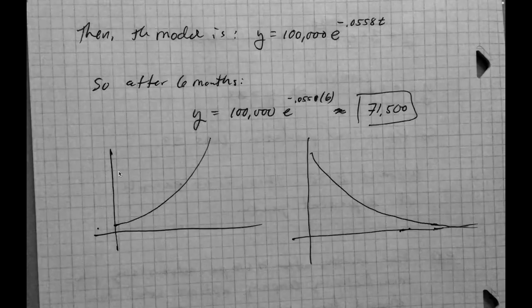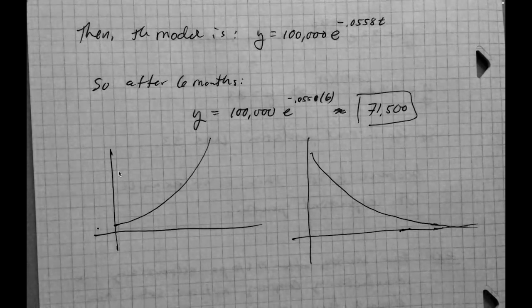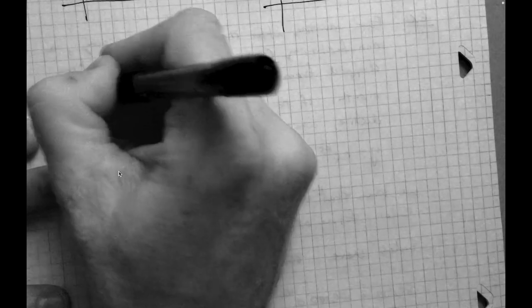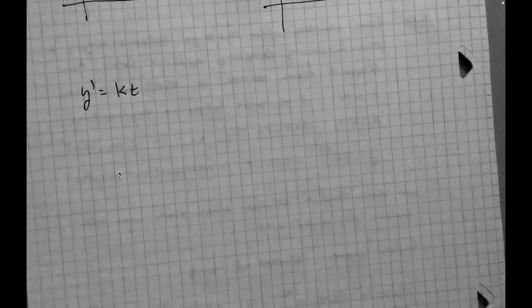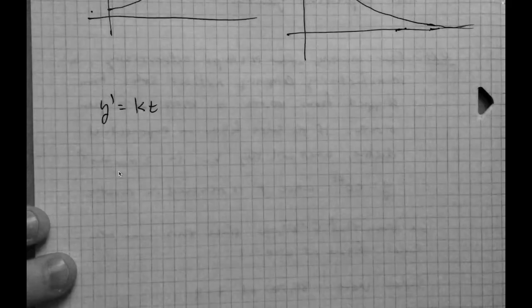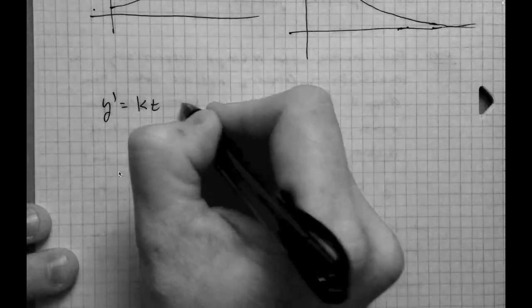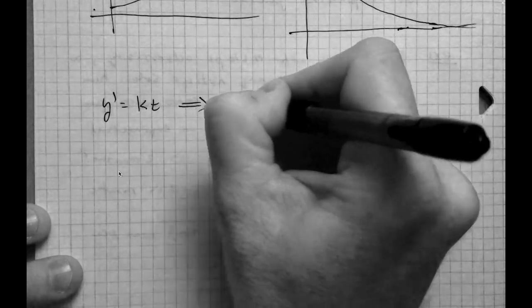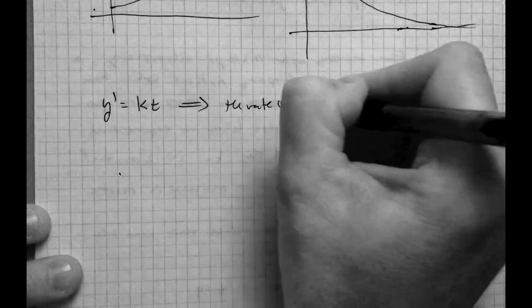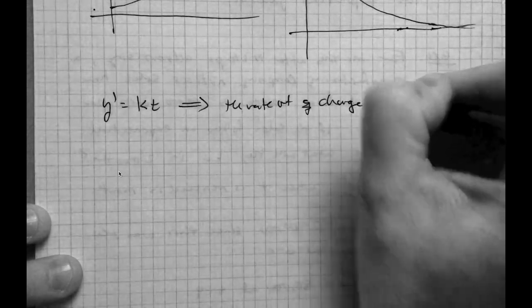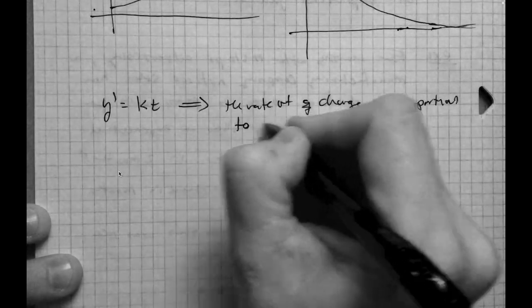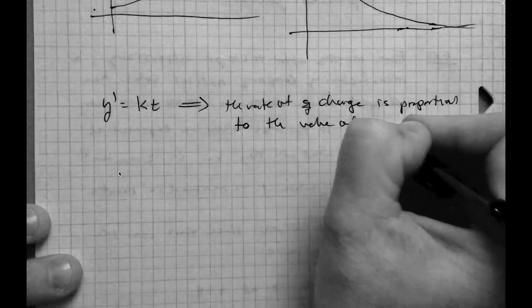So again, this has been kind of an introduction to differential equations. Specifically, we were looking at the example of y prime equals ky being the relationship between the rate of change and the variable. Here we said that y prime equals ky means the rate of change is proportional to the value of y, right?